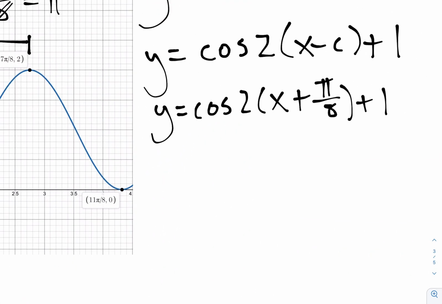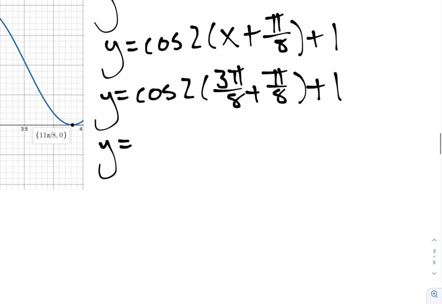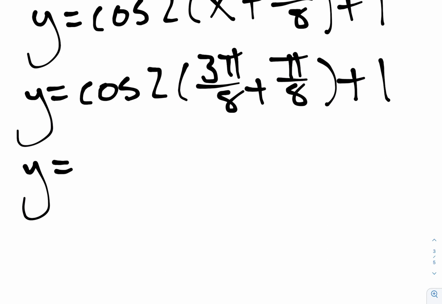So if we put in 3 pi over 8, this would be 2 times 3 pi over 8 plus pi over 8 plus 1. So y equals 3 pi over 8 plus pi over 8. That's 4 pi over 8, because they're both over 8. So the cosine of 2 times 4 pi over 8.